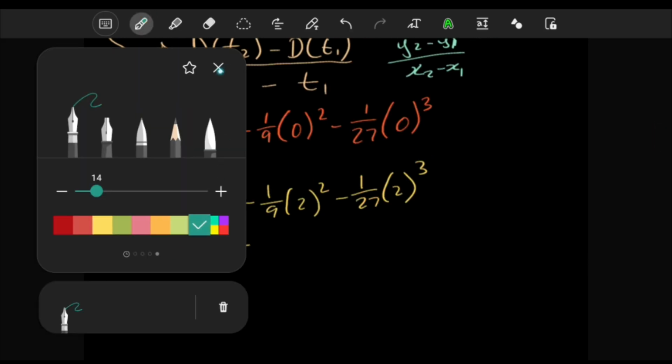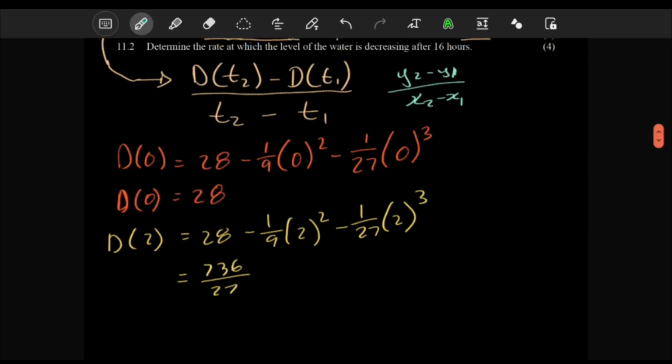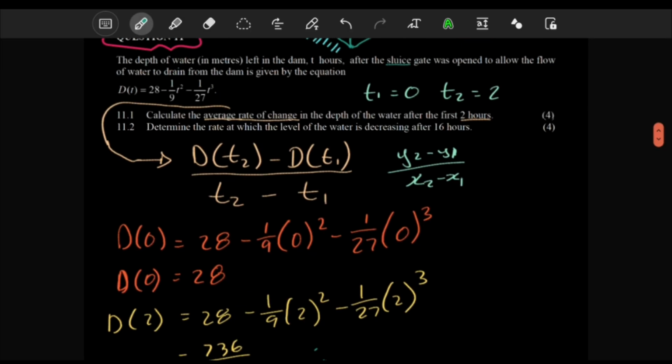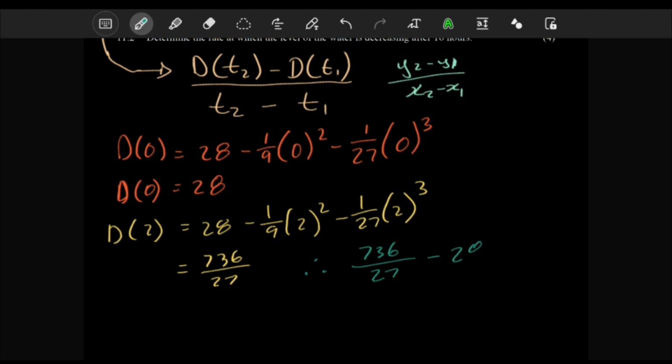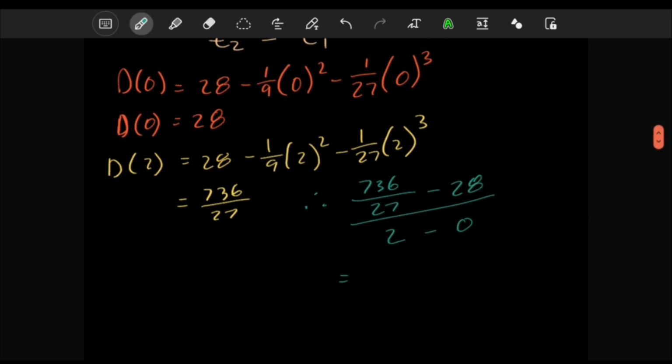All you have to do now is throw those values in here. When you subbed in your second value, which you want to consider as the 2 there, let's see what we get in our calculator.